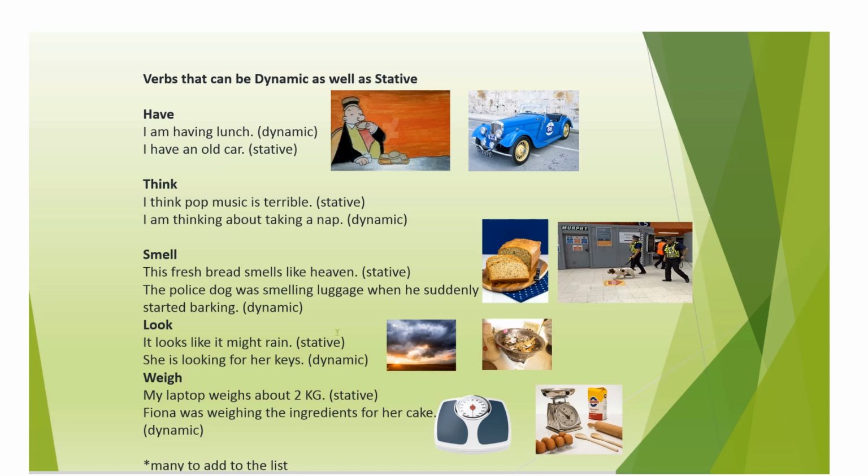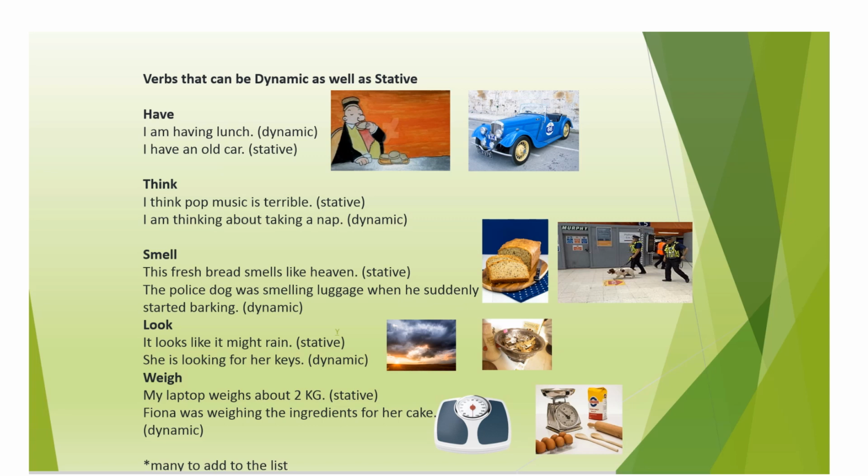Smell. The fresh bread smells like heaven. Stative. The police dog was smelling luggage when he suddenly started barking. Here, the dog is smelling physically. So this falls under dynamic. Same with look. It looks like it might rain.